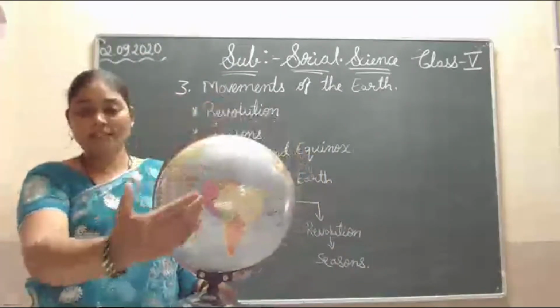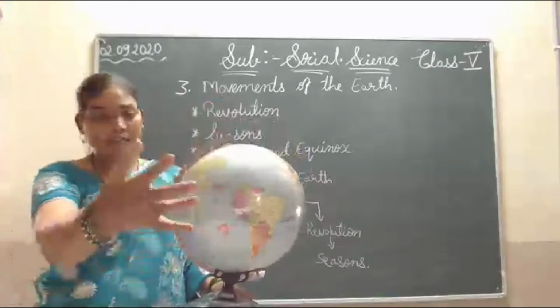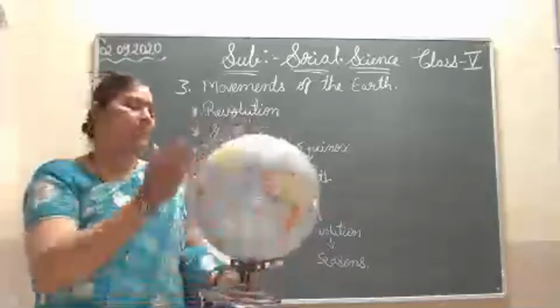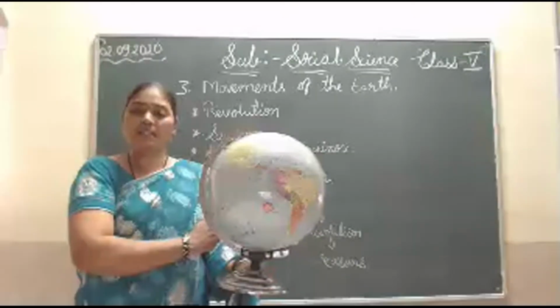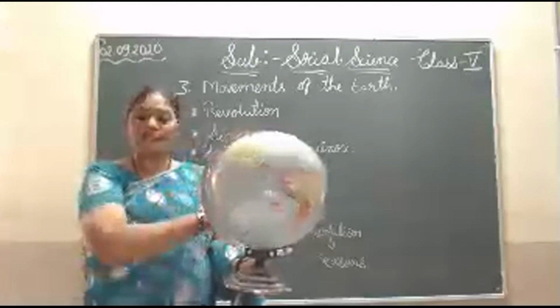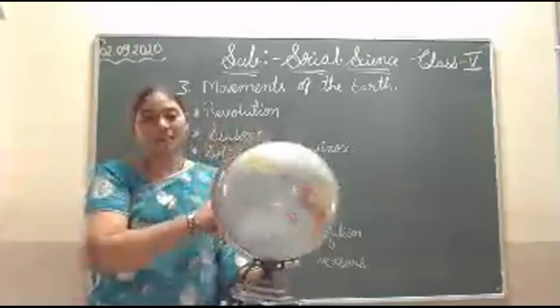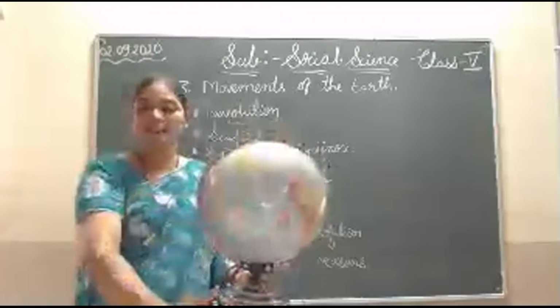Here it is facing the sun, so the sun rays are coming directly onto this part of the Earth. The remaining back part is not receiving the sun rays. Here it is dark, so it is night, and the remaining part is day.